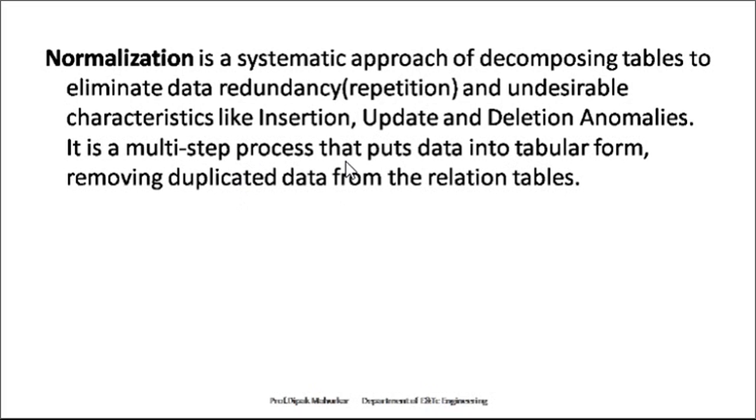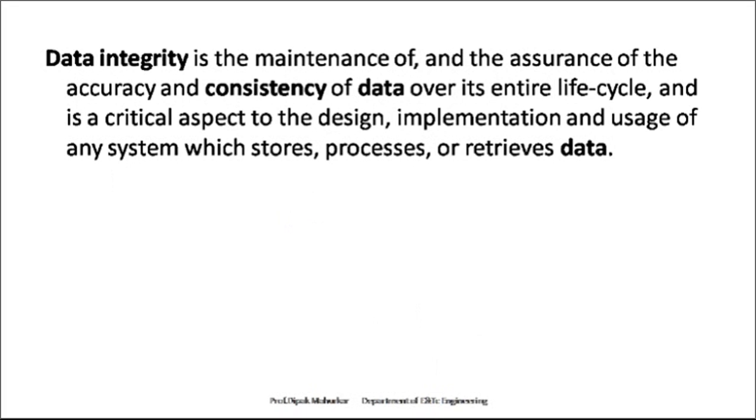It is a multi-step process that puts data into tabular form, removing duplicate data from the relational tables. Normalization means a systematic approach of decomposing tables to eliminate data redundancy. Repetition, if it exists, should be removed in normalization.